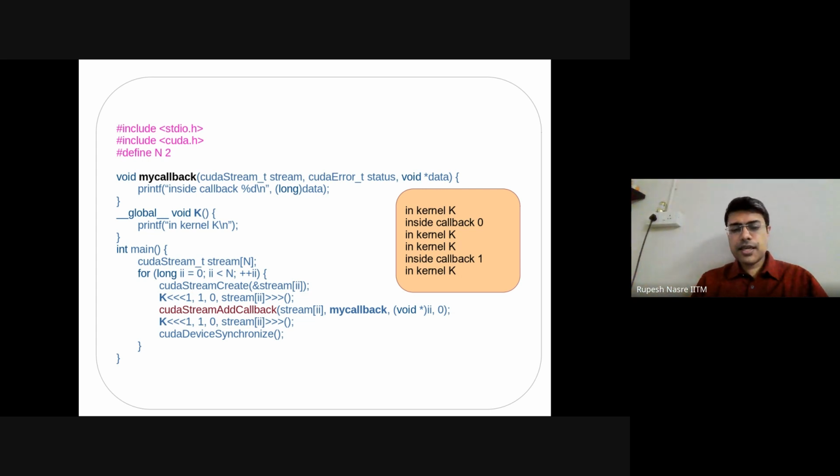Whereas in this case, by making it blocking, you are not allowing the second kernel K to get printed. So that is a design decision in CUDA. You are right that in many other implementations on the CPU, the callbacks are not blocking. Okay. Any other questions here?